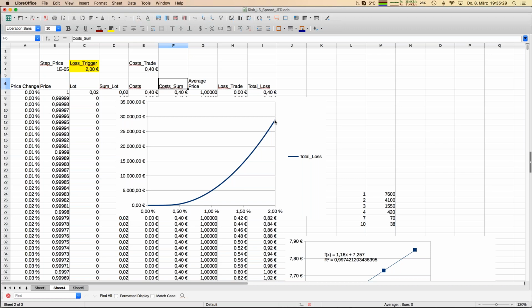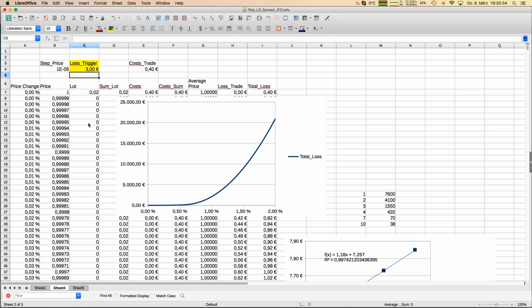That's a lot. So in order to survive this kind of rebuy level, I would need a stop loss level of nearly €30,000. That's too much. So let's do it differently. I increase my rebuy level, and you see what happens. If I rebuy at a higher level of €3, then my total loss here goes down.